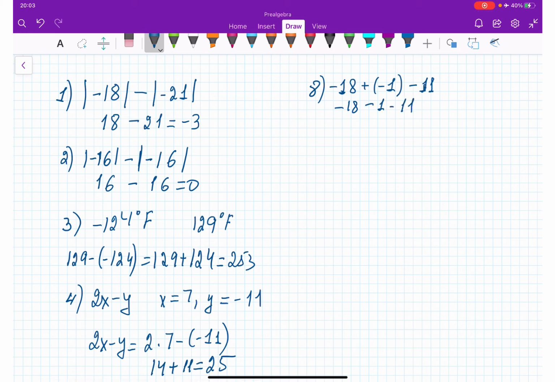So negative 18, negative 1 is negative 19. Negative 19, negative 11 is negative 30. Yes? Question number 9. Negative 19, negative 20. It's negative 39, right?